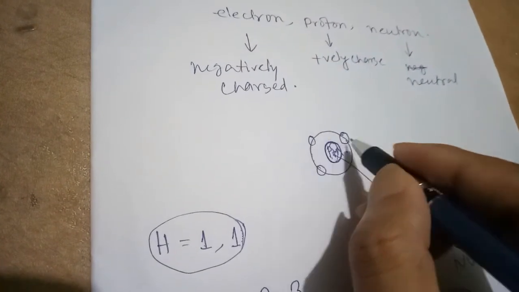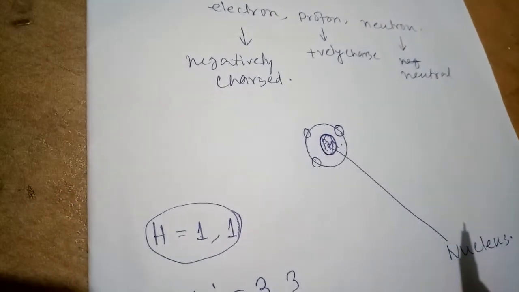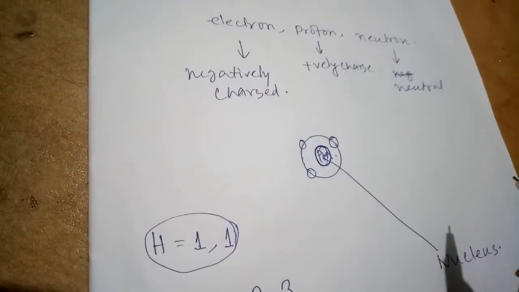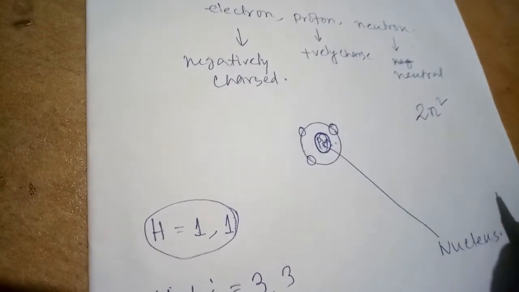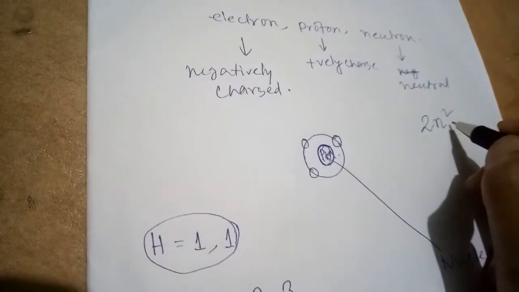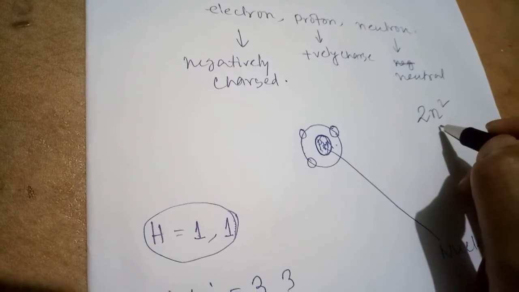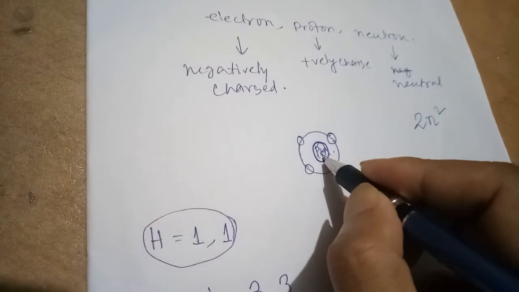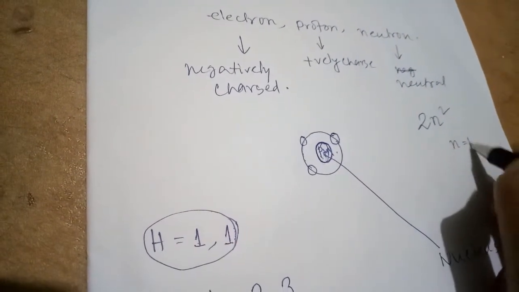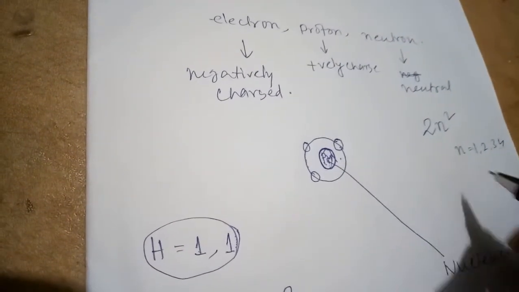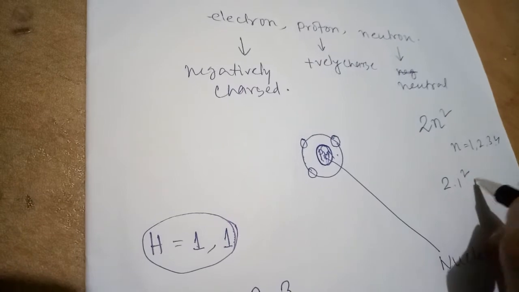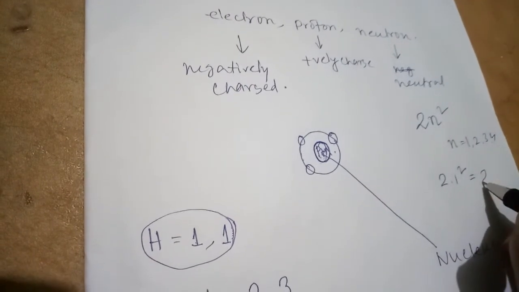The number of electrons in the different shells is fixed by a law known as the 2n squared rule, where n is the shell number. For the first shell, n is equal to 1, and for the others n is 2, 3, 4, etc. For the first shell, we can write 2 into 1 squared, which is equal to 2.